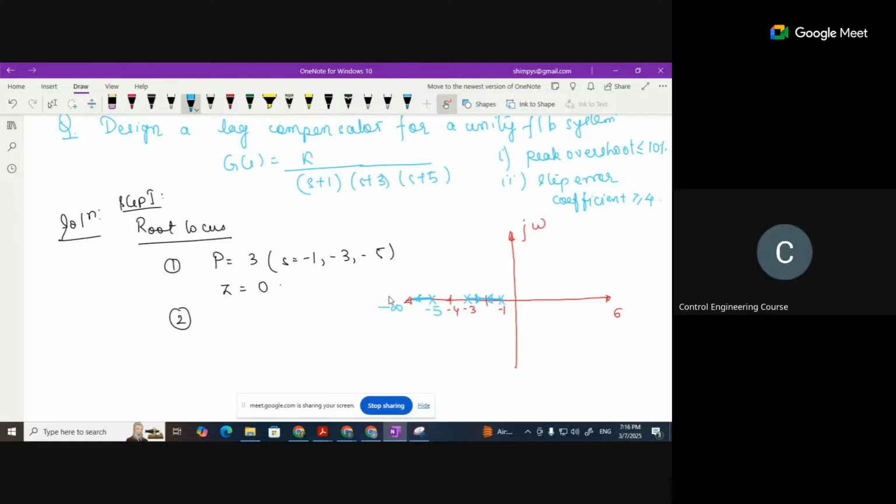Ma'am, the breakaway point, when will it not be the midpoint? Here most probably the breakaway point will be -2, right?